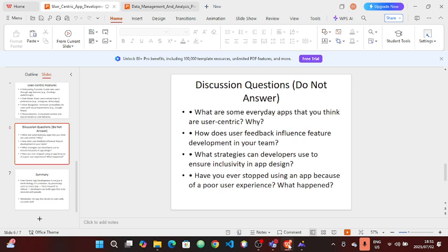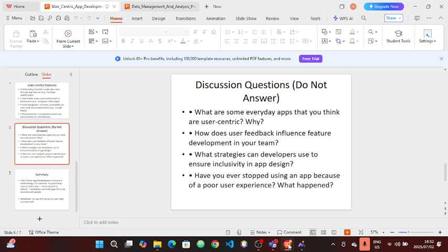Then from there, you take it into your development team and you'd rework your interface to make it more simple for a user to find the correct contact and send messages and so forth. So the way it would help you in your feature development is a user would tell you a certain thing is hard to use, and then you would go and update your interface to make it simpler for users to use that feature.